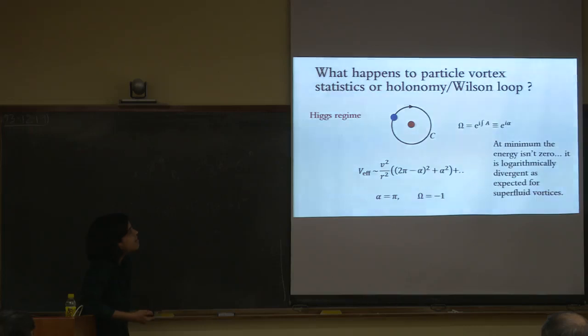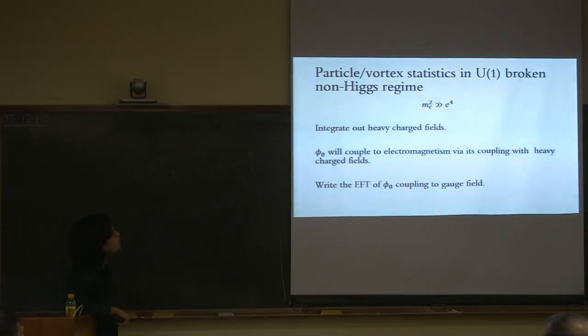So what this means is that these vortices, these superfluid vortices, carry magnetic fields in their core. Okay. So now I want to know what happens on the non-Higgs side, which is why I'm doing this calculation in the first place, so that I can do this calculation under control. I'm going to a region where mc squared is much bigger than e to the 4, so it's very positive.